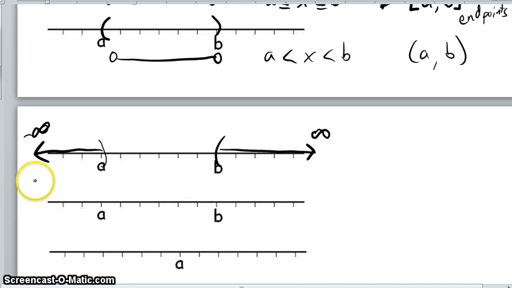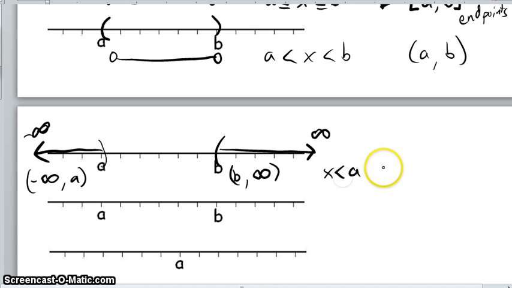So we actually have an interval here and here. You can never reach infinity. This is why we have an open bracket here for this one. But the way this would look as an inequality is you have to be less than A or greater than B. So this is interval notation.